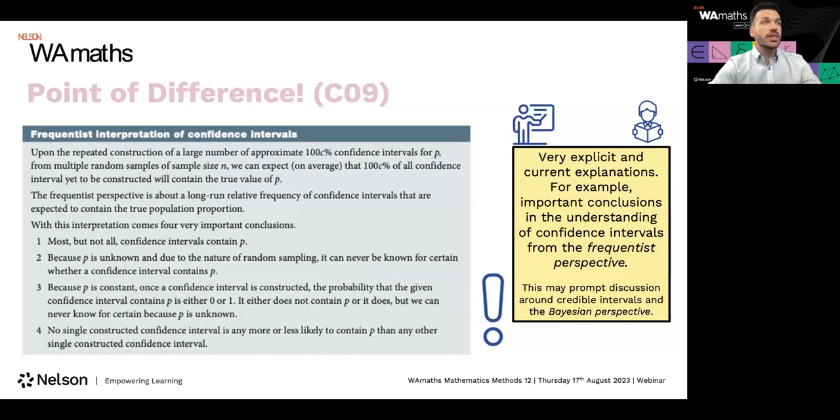However, if we were to construct, that is future tense, a certain number of confidence intervals of a fixed sample size, then we can expect in the long run that, let's say, 95% of yet to be constructed 95% confidence intervals would contain the true value of P. And it really engages with that nice statement in our syllabus that says most but not all confidence intervals contain P. But that discussion around yet to be constructed versus observed is something that may be omitted from past texts.